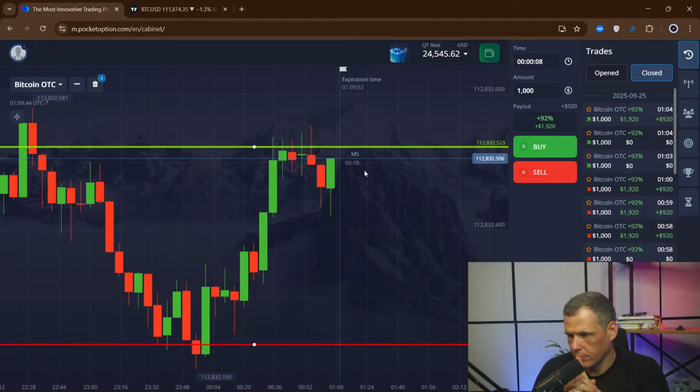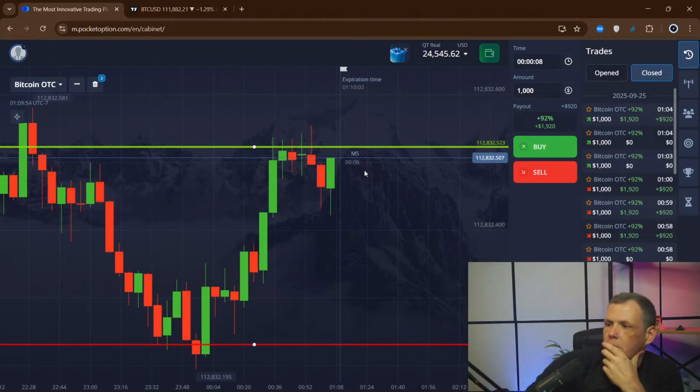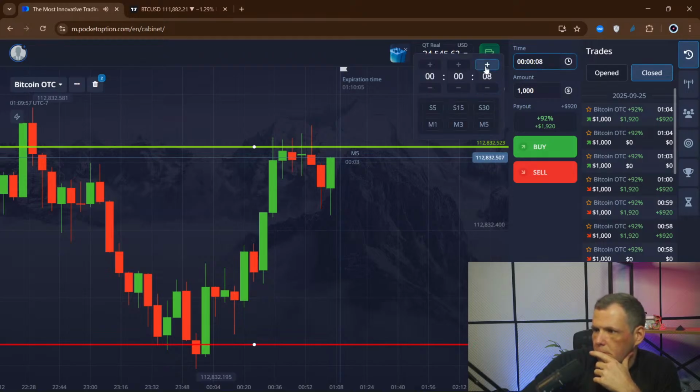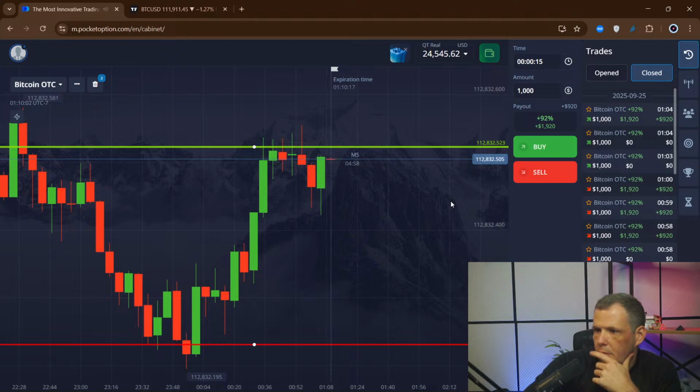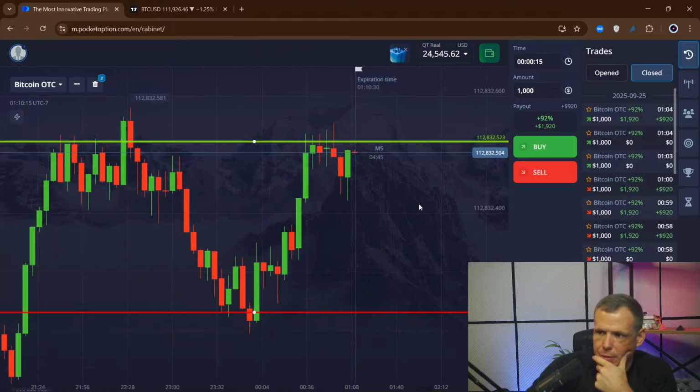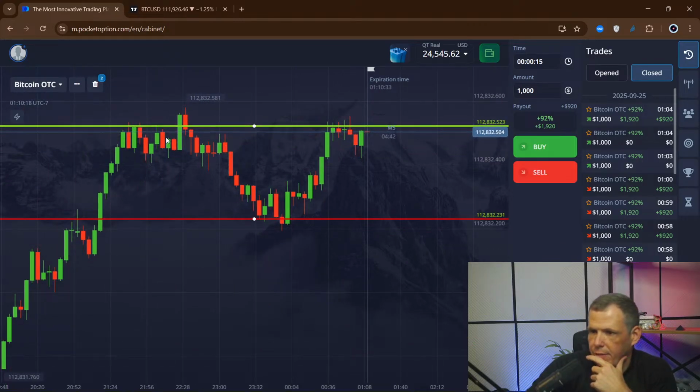Will it engulf that bear candle? A little bit. Okay, bulls are taking in. Now, this is the candle we need. Still dangerous because of that resistance level. You can see fighting, knocking, but it could break above.